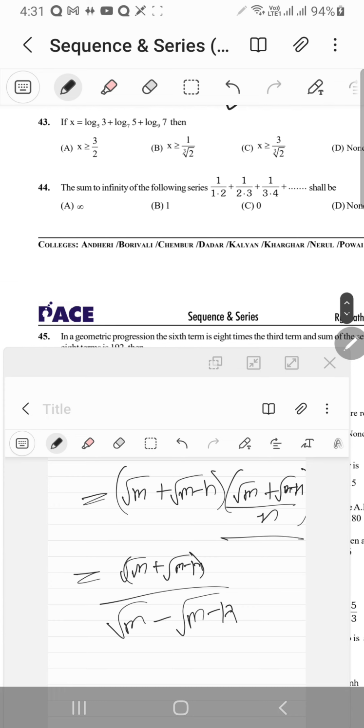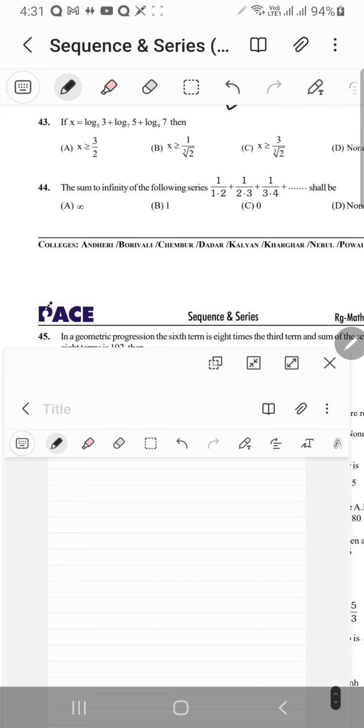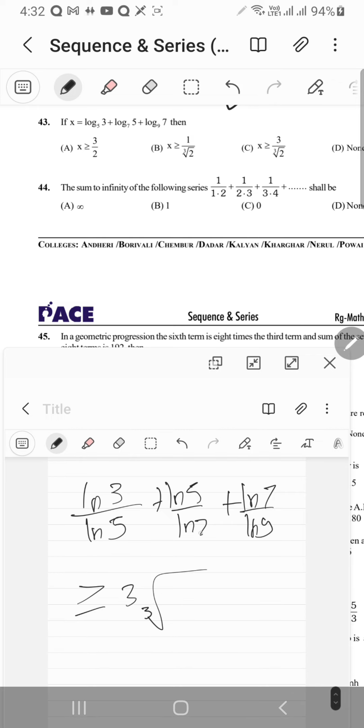Next, if x equal to log base 5 of 3 plus log base 7 of, okay, fine. What about it? It's just natural log 3 upon natural log 5 plus natural log 5 upon natural log 7 plus natural log 7 upon natural log 9. I think I know what they want me to do. It's just bigger than or equal to 3 cube root of their multiplication, which is, well, okay, this cancels.